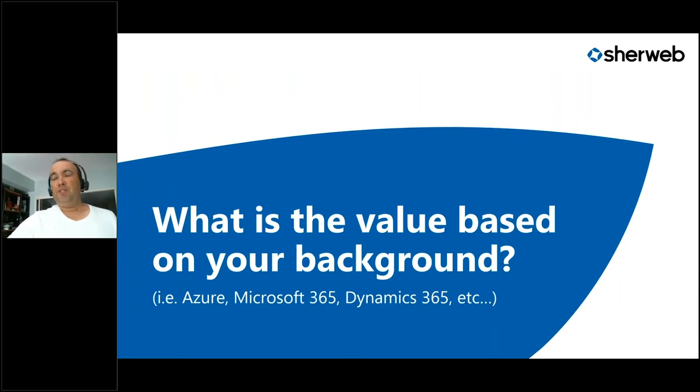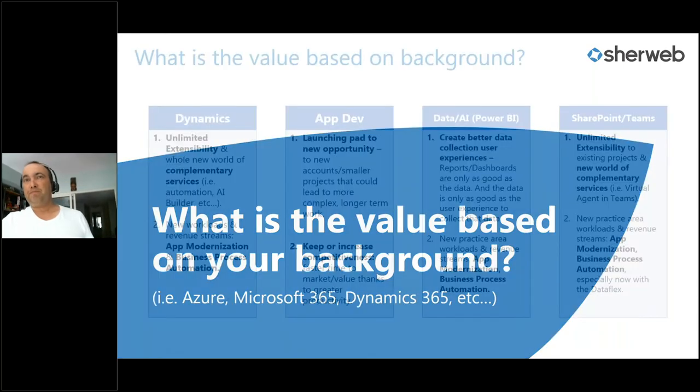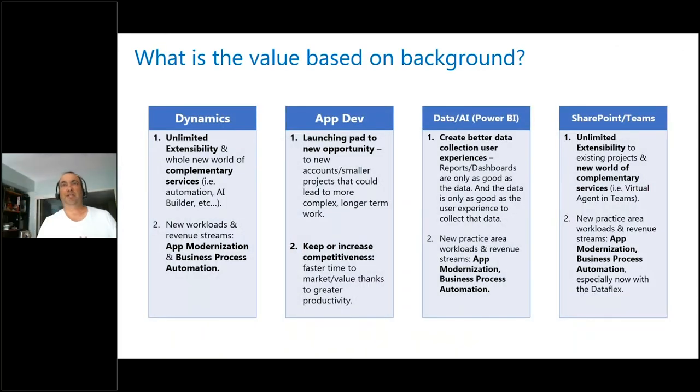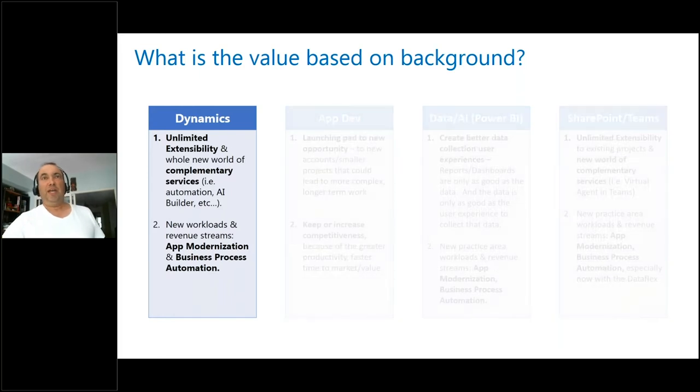In terms of what is the value for low code, no code, based on your background. If you're a services organization, maybe you come from a Dynamics business applications background, or maybe Microsoft 365 or Azure, this slide gives you an idea of what is the value based on your background. So I came over from Dynamics, 12 years in Dynamics.